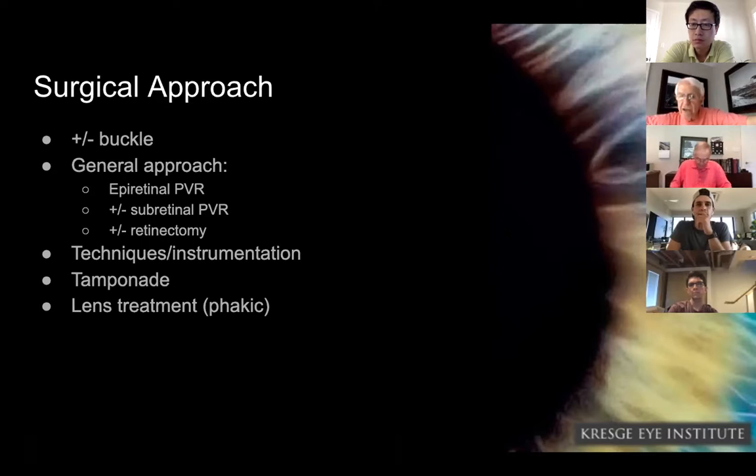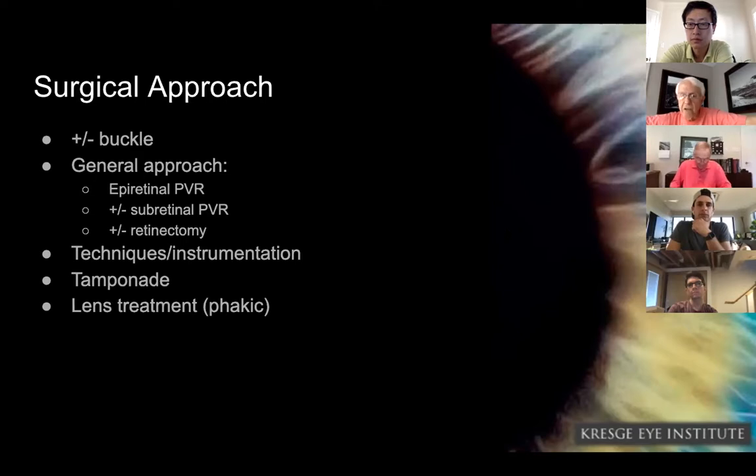Using 20 gauge instrumentation, I would 100% of the time end up banging the lens if I tried to do a good vitreous base dissection. So I think you can do a pretty good vitreous base dissection using small gauge vitrectomy. If you had a clear lens, I would usually just leave the lens and do it. If you've got any degree of cataract, I'll go ahead and take the lens out.